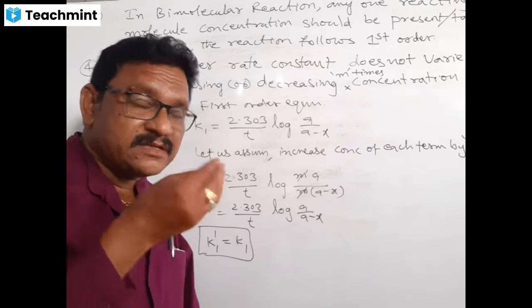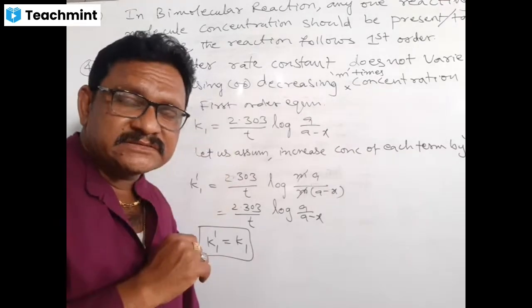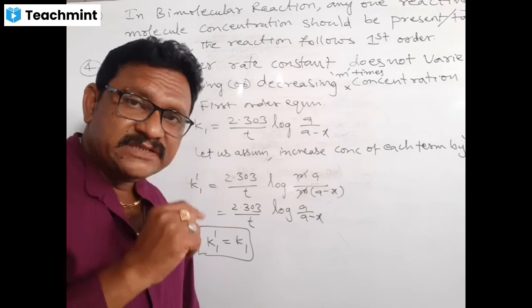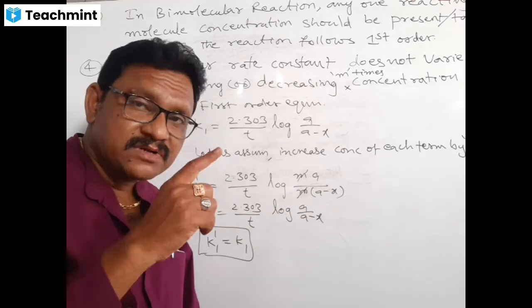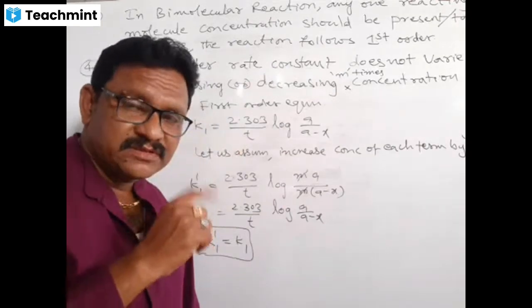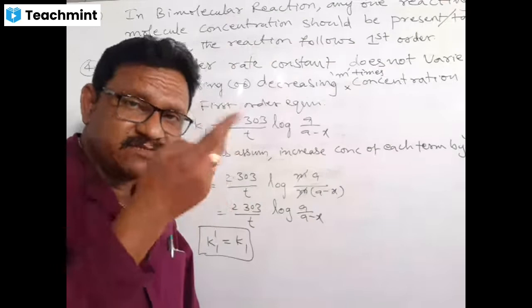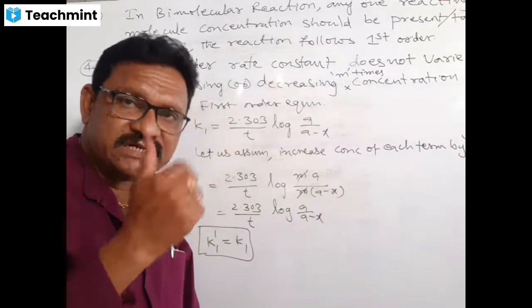Beautiful examples for such type of reaction are ester hydrolysis in presence of acidic media, and the second one is sucrose hydrolysis in presence of acidic media. That is also called inversion of cane sugar. It follows first order. There two molecules are present, ester and water. In sucrose hydrolysis, sucrose and water are present.